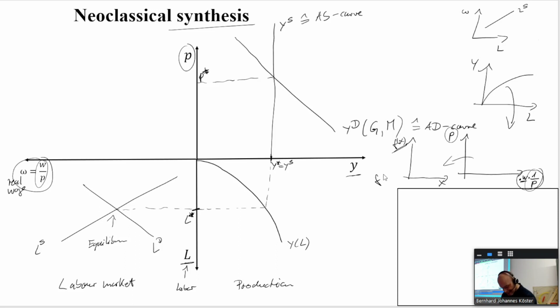So f of x is then a constant c times 1 over x. The same as here. The constant is w and x is p.